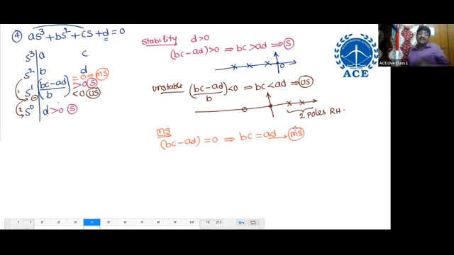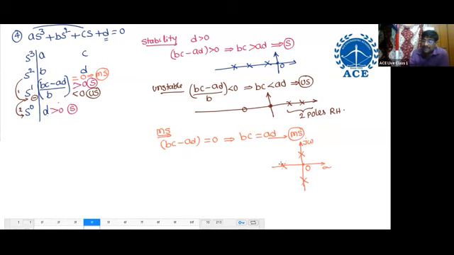In this case, the poles are placed on the imaginary j omega axis. Two poles on the imaginary axis.